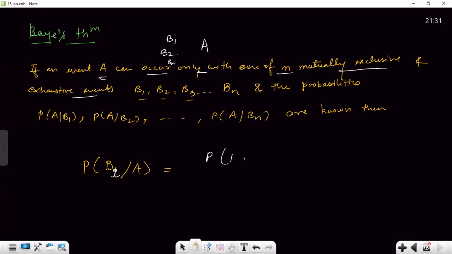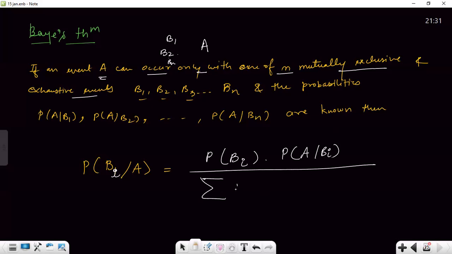Probability of Bi that we are talking about, multiplied with the probability of event A occurring when Bi has happened, divided by the same thing, where i will be taking its value from 1 to n, and their summation.